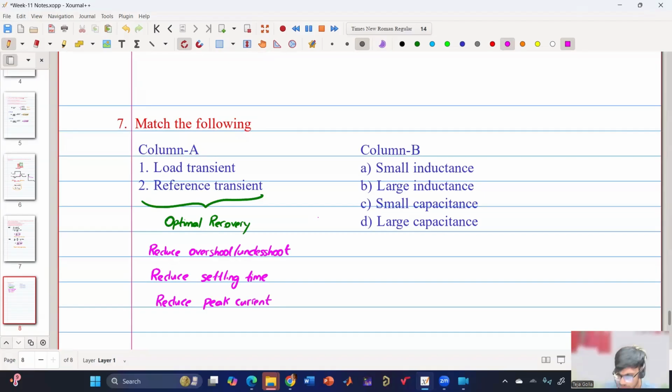I want the settling time to be minimal. I want the undershoot as well as overshoot to be minimal, while also achieving the transient recovery.